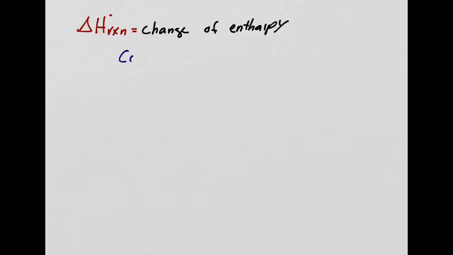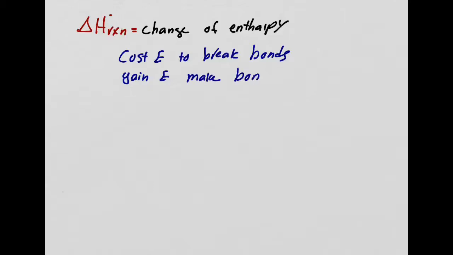It is going to cost energy to break bonds, like it costs money to demolish and build a house. You are going to gain energy when you make bonds, like you made some money when you sold the house.